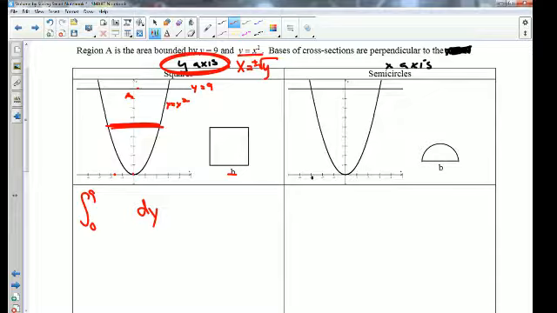How come positive? Well, if you only consider positives, you only get this side. You don't get the negatives, because square roots do not generate negatives. So you have to put the plus or minus out front to generate those negatives. So this side is positive and this side is negative.